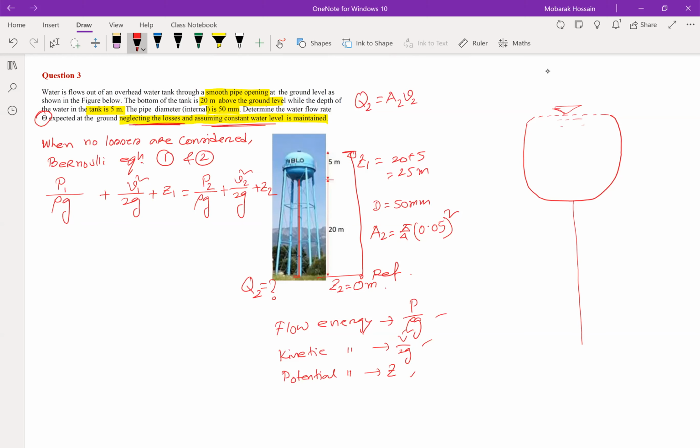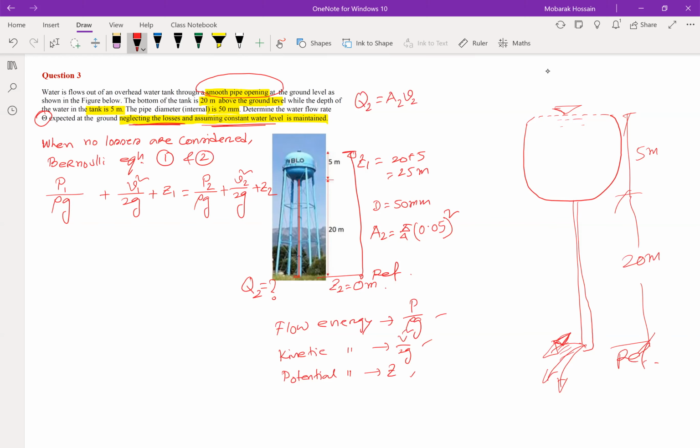Then there is a pipe, and from the pipe you can see the water flows through the smooth pipe opening at ground level, discharging to the air. So you can consider it a free surface discharge to the air. This height is given as 20 meters, and this one is 5 meters, and we select this one as our reference.